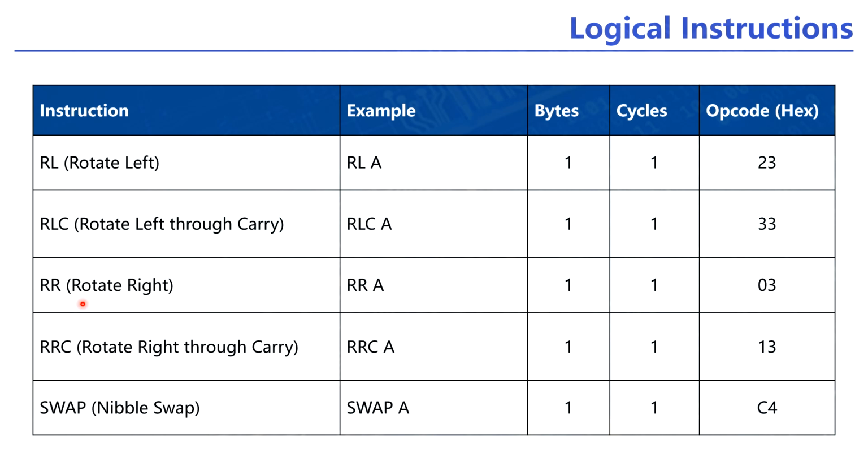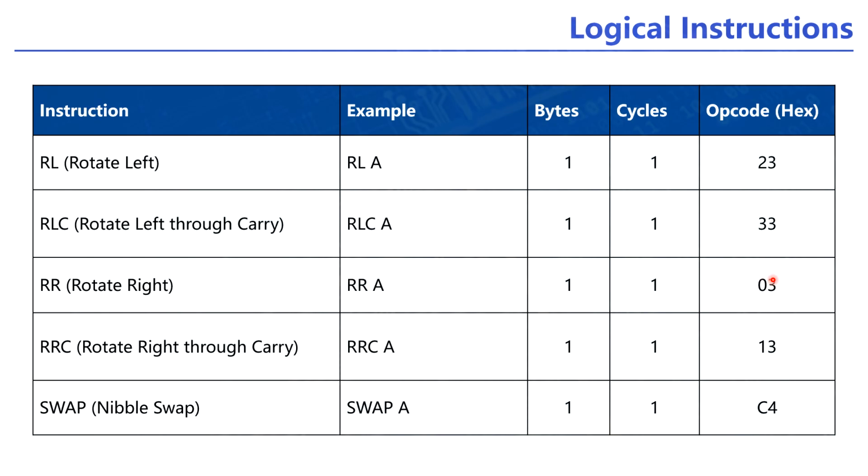Rotate right: for the RR instruction we can use RR A. This instruction is a 1-byte instruction, and one machine cycle is required for this execution. Its opcode is 03H.